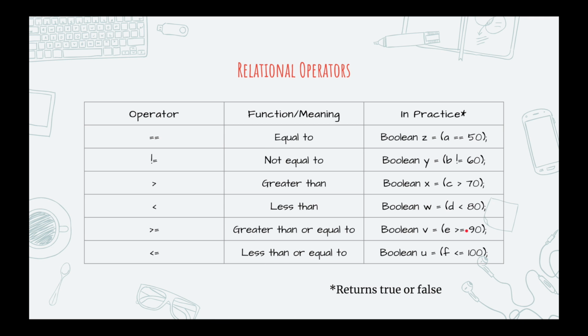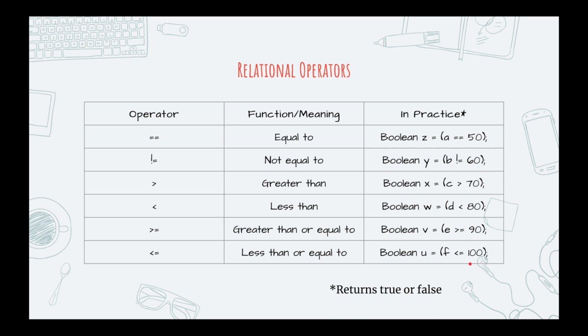Let's say E is 80. 80 is not greater than or equal to 90, so that's going to return false. Now I'm going to try something that I did with the last two and utilize the same number. So let's say E is 90. 90 is greater than or equal to 90 because it crosses off the equal to one. So it is equal to 90, therefore it's going to return true.